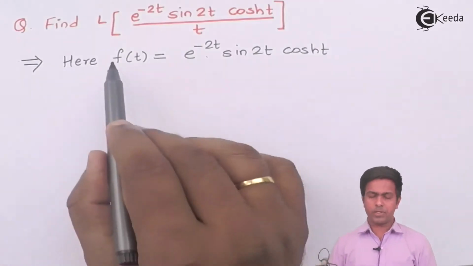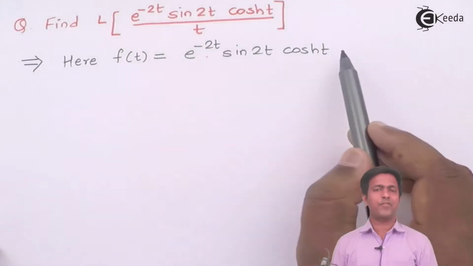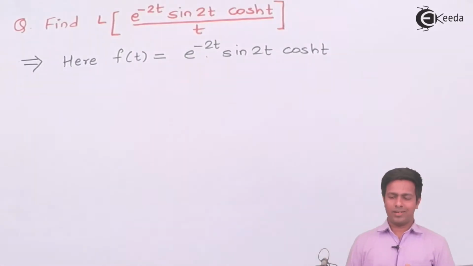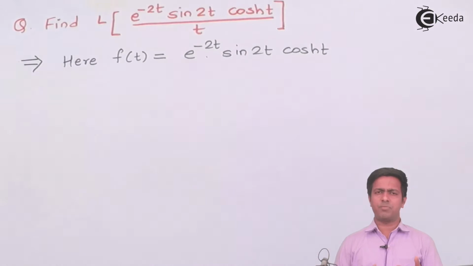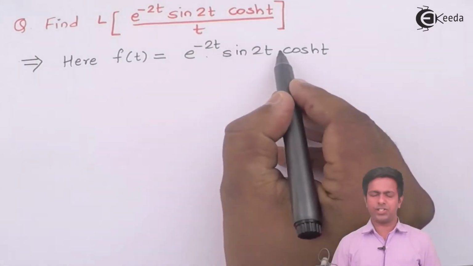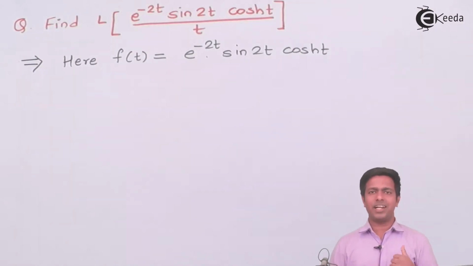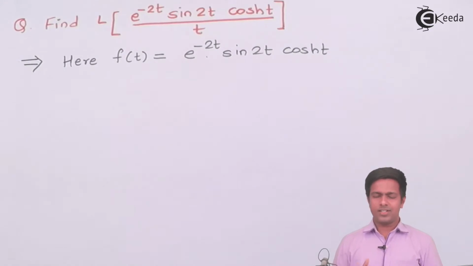So to get Laplace of this function, if you see this function carefully, then it has three terms. So we cannot take Laplace of each term separately because they are multiplying each other. So what we have to do is reduce these three terms in such a way that we can use some standard property or formula of Laplace transform over here.